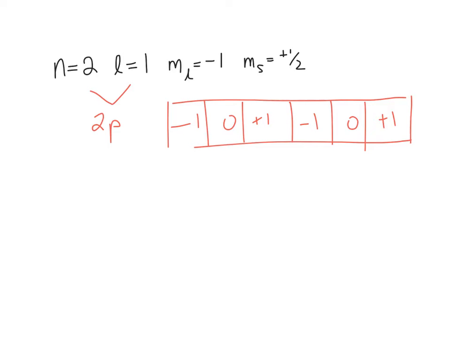So this would be +1/2 for these, and these would be -1/2, right? Because these are the second ones in, and by convention, we say the first ones in are spinning up.